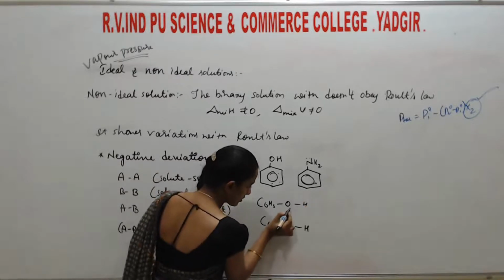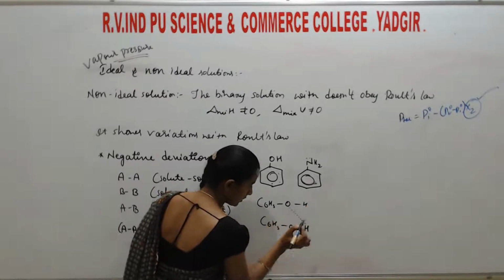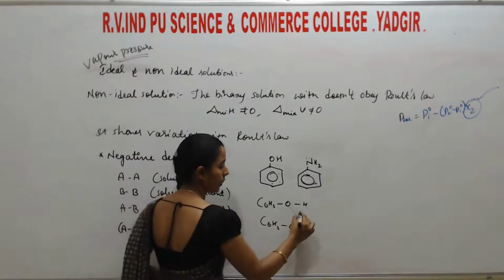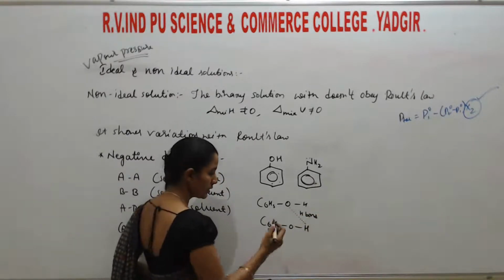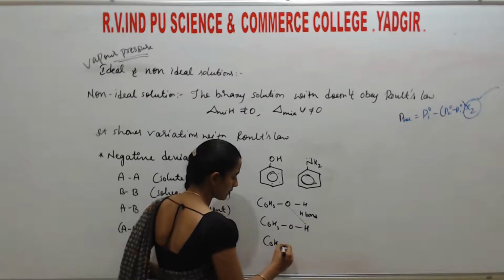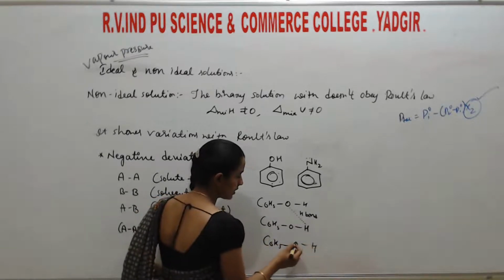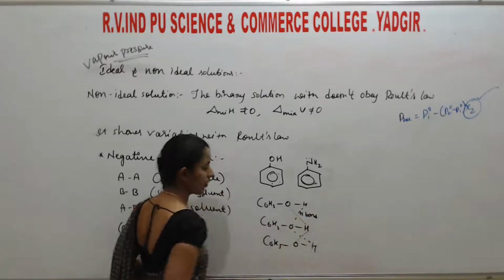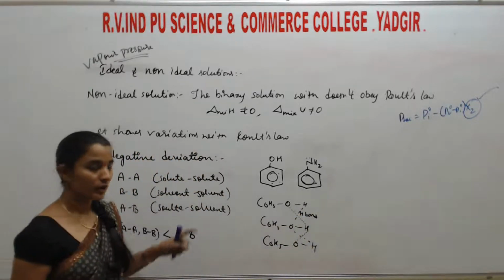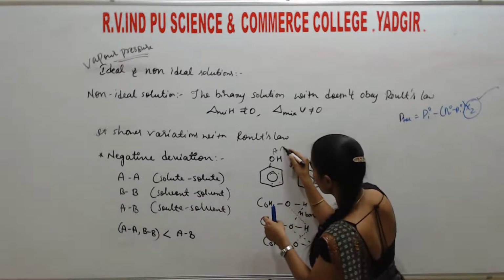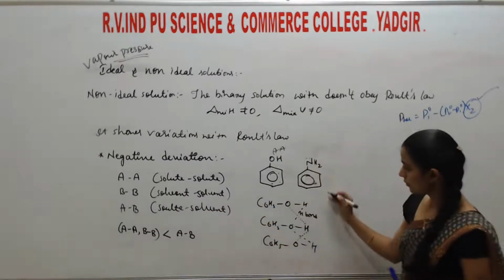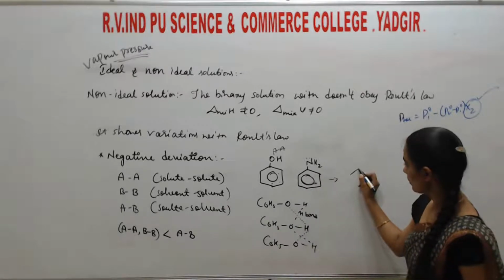The oxygen bonds with this hydrogen to form a hydrogen bond. Next, another C6H5OH will also form a bond here like this. They form hydrogen bonds. This is AA type interaction.